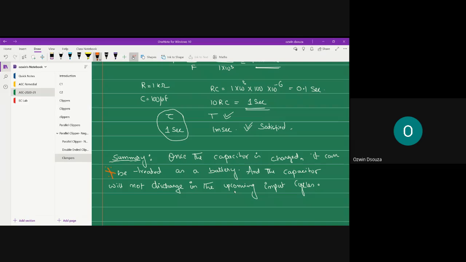Once charged, it is a battery. Throughout the clamper operation, the capacitor is treated as a battery. You need to fix that in your mind. No way that the capacitor is going to discharge. I can demonstrate this in the laboratory also, maybe not the next lab, probably the week after that. But as of now, please consider it as a battery.